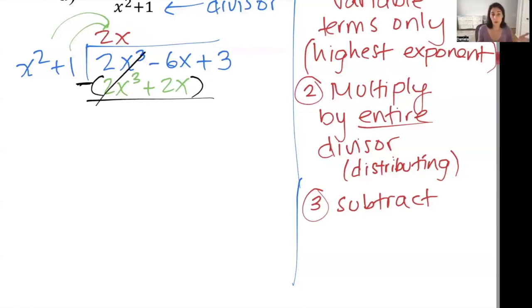By the way, the whole point of matching is to cancel out. And then they'll forget, they'll do negative 6x plus 2x and they'll get negative 4x. You're always doing top minus bottom. So that is actually saying negative 6x minus 2x. So you should end up getting a negative 8x. Okay, so that's a super common mistake. Now you're going to drop down the plus 3. So this is where we're at.